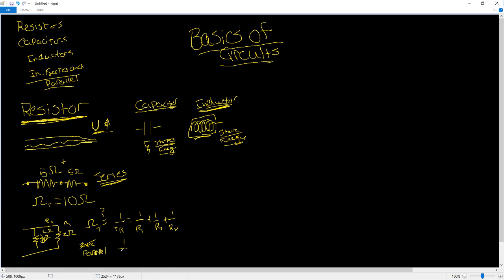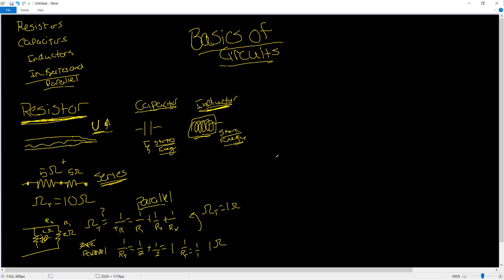So 1 over R total is equal to 1/2 plus 1/2, which is equal to 1. So 1 over RT equals 1 over 1, and if you do the reciprocal, it's still just 1. So your resistance in this case is equal to 1 ohm in parallel.